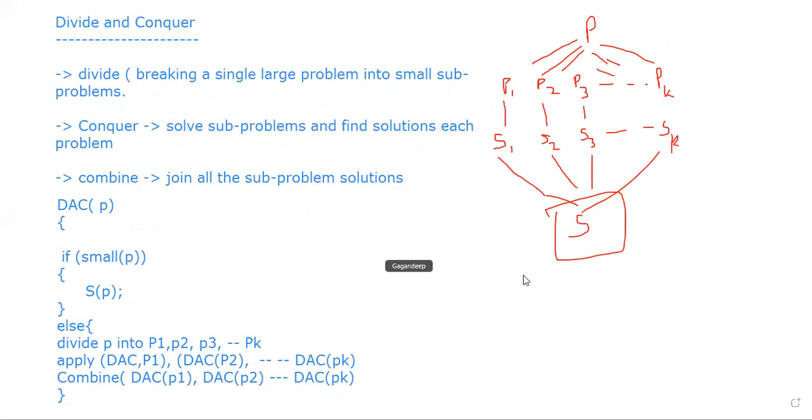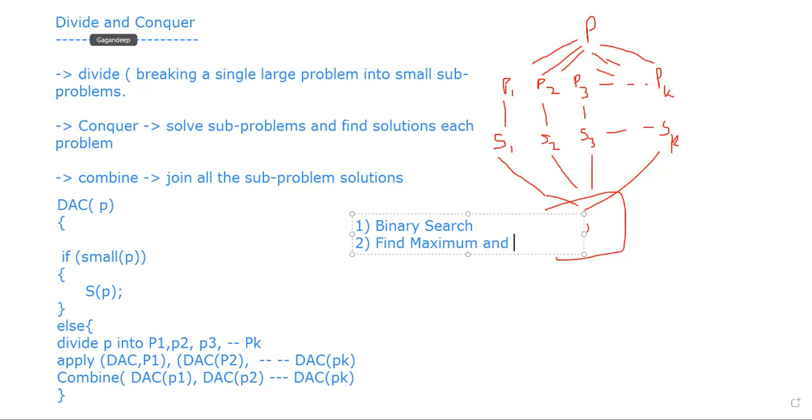Now next, we have various problems which we are going to solve using this divide and conquer approach. I am going to write a few names. The first one we have discussed is binary search. Then we have one more problem, find maximum and minimum.